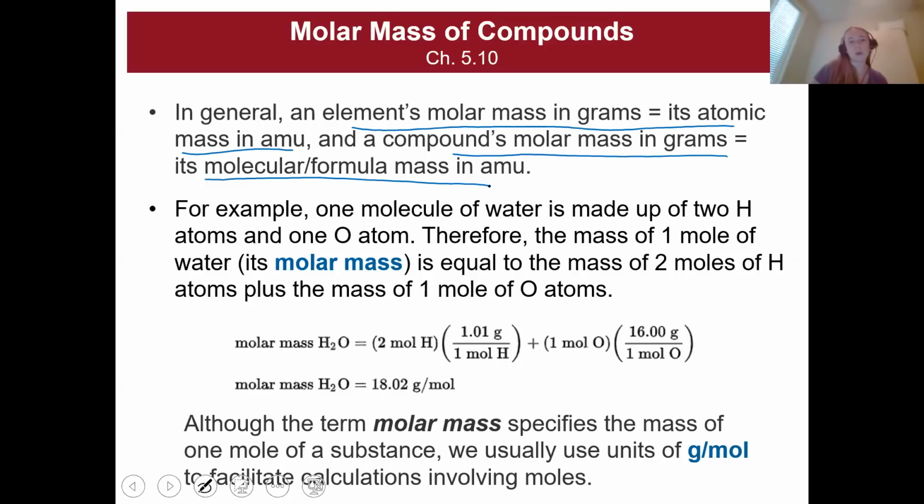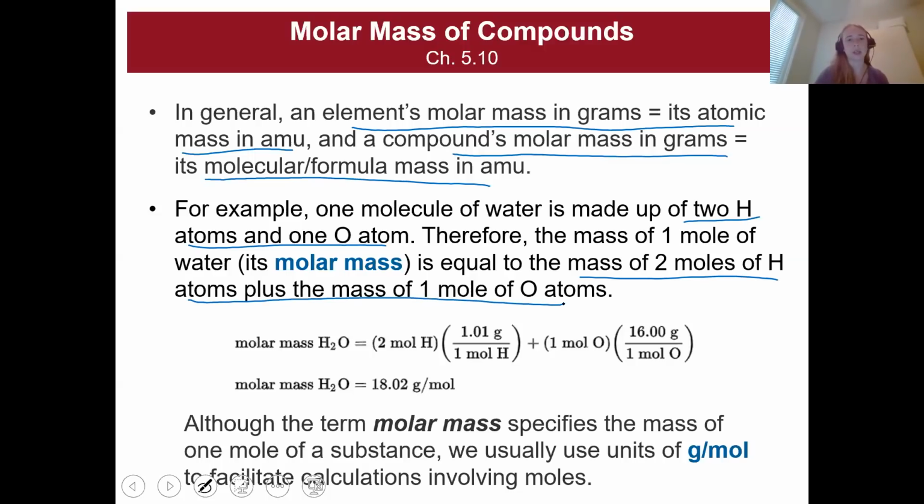So let's look at water, for example. 1 molecule of water is made up of 2 hydrogen atoms and 1 oxygen atom, as you know. Therefore, the mass of 1 mole of water, the molar mass of water, is equal to the mass of 2 moles of hydrogen atoms plus the mass of 1 mole of oxygen atoms.